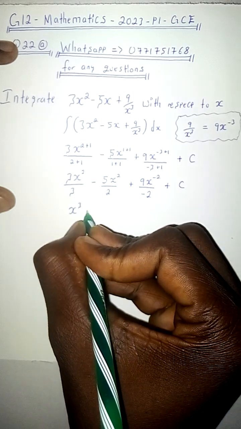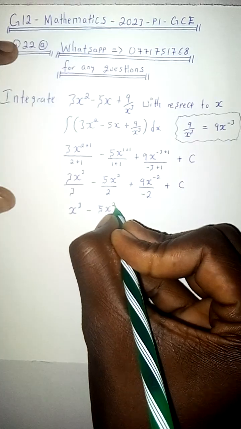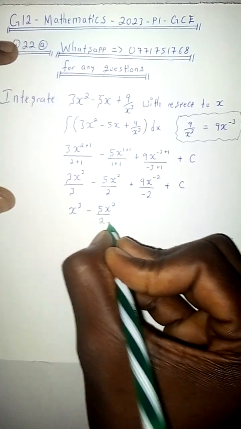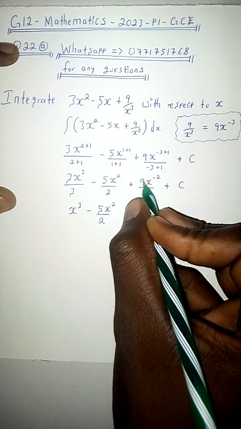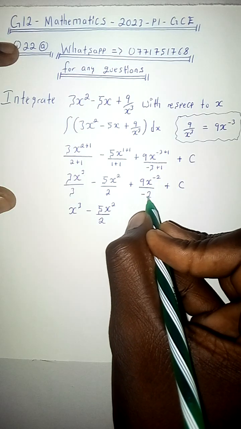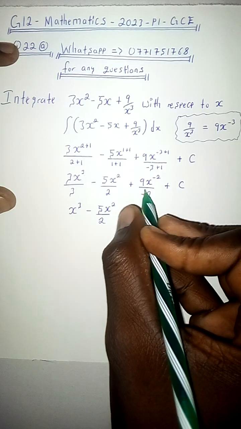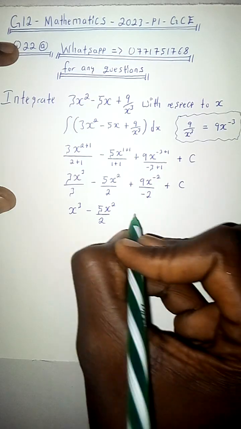Then here we're going to have negative 5x to the power 2 over 2. Then here we're going to divide, right? Everything that's here we divide by negative 2. Okay, so it's more like positive divided by negative, so the negative will dominate.